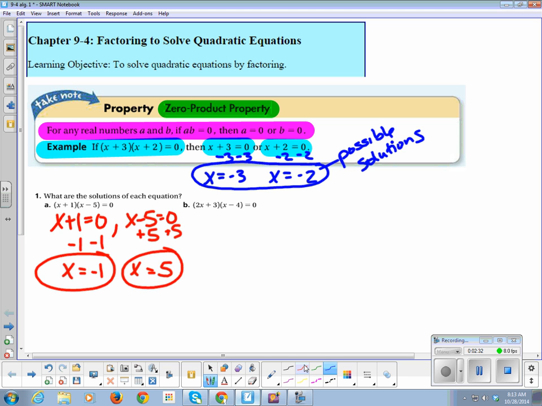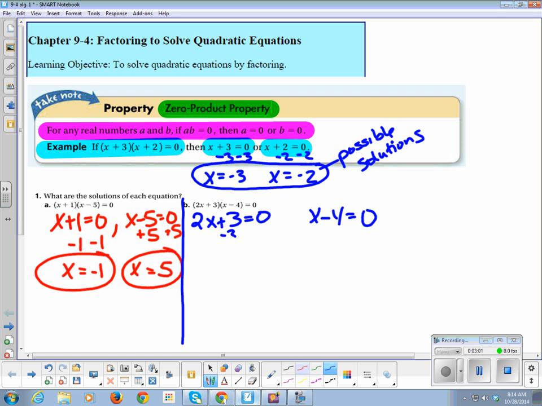Let's look at this guy on B. 2x plus 3 times x minus 4 is equal to 0. That means 2x plus 3 has to equal 0, and x minus 4 has to equal 0. So I have to solve both of these equations.